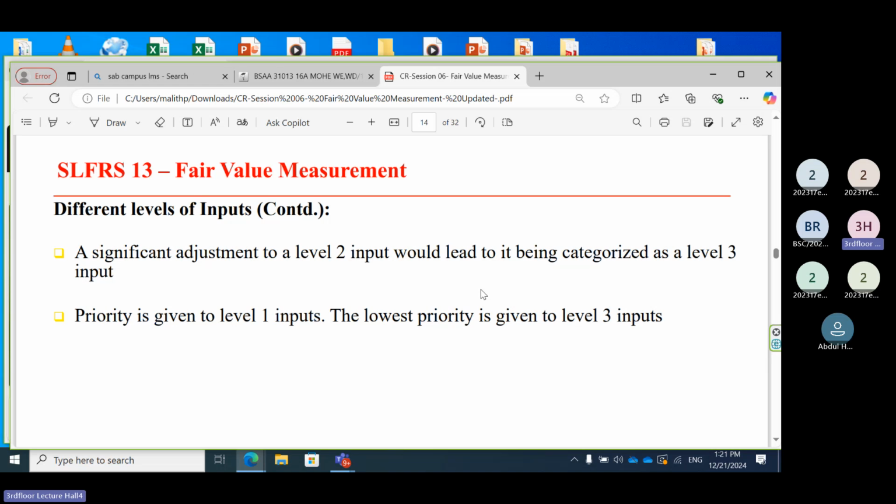More observable inputs mean the stakeholders can take proper decisions, right? They can take proper decisions. So those are the basic guidelines about the levels of the valuation.